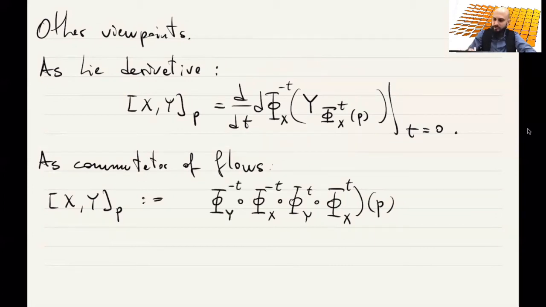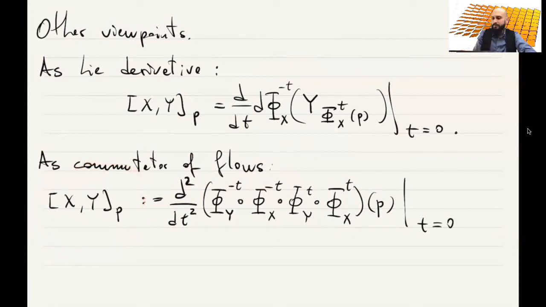So now this is a curve. What's true is that this curve has first derivative 0, while the second derivative of this curve really defines a derivation, and the derivative at 0 is the bracket.